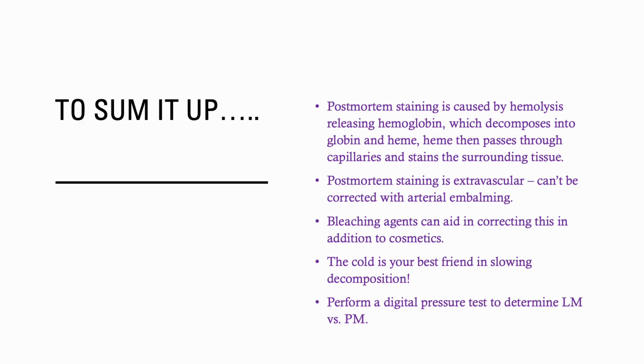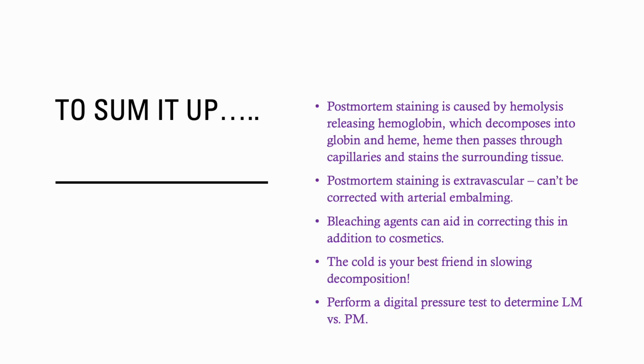So let's wrap it up. Postmortem stain is a result of hemolysis, releasing hemoglobin, which decomposes into globin and heme. The heme will then stay in the surrounding tissues, which causes staining. Postmortem staining is extravascular. It cannot be corrected with arterial injection.